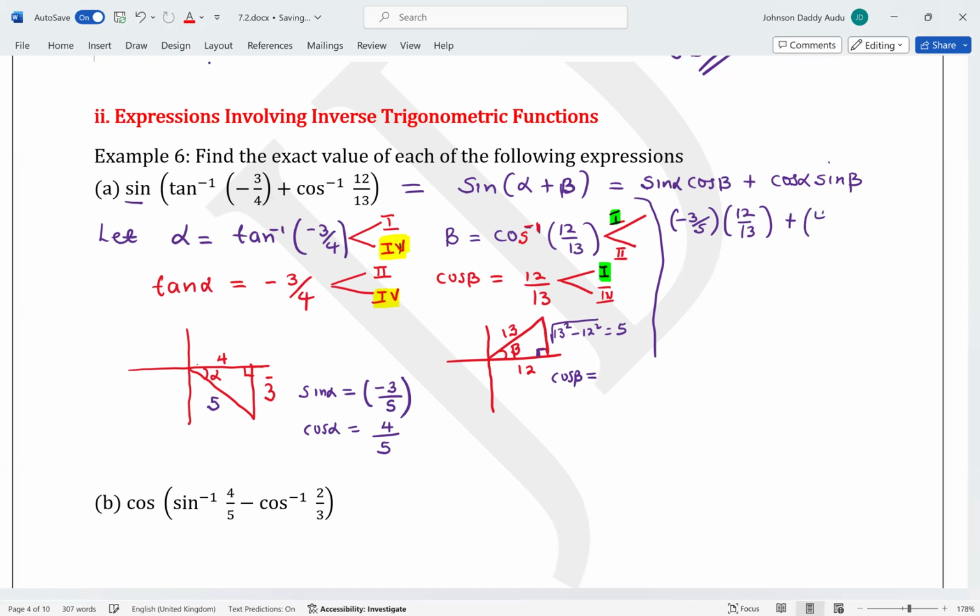So we have 4 over 5. Then sine beta. Sine beta is what? Sine beta is opposite over hypotenuse, which is 5 over 13.